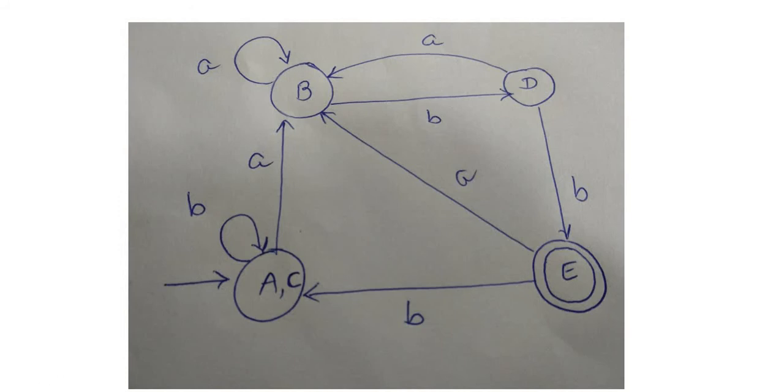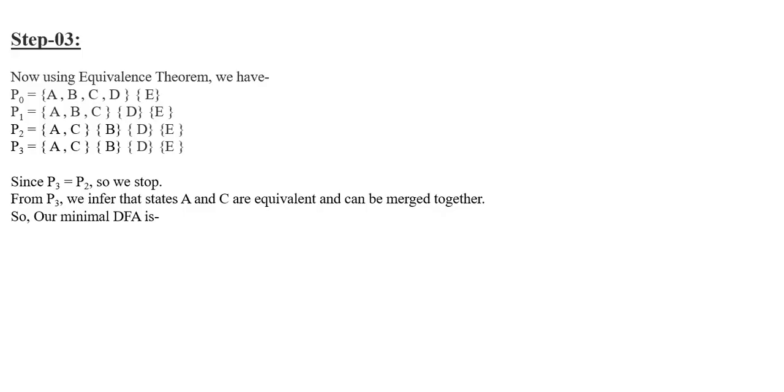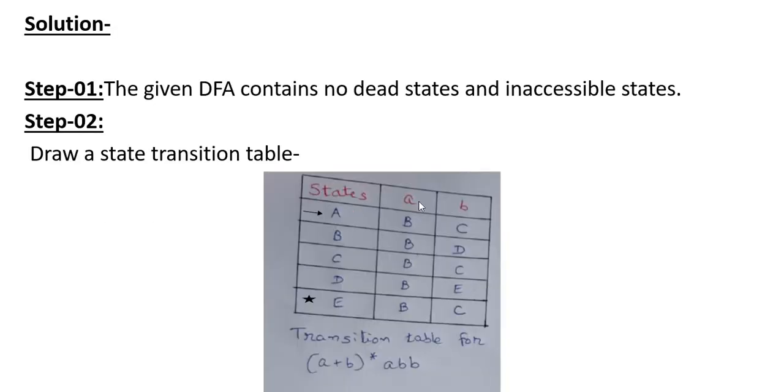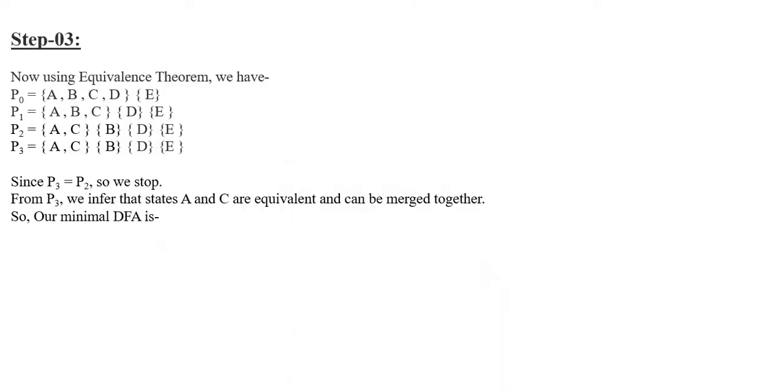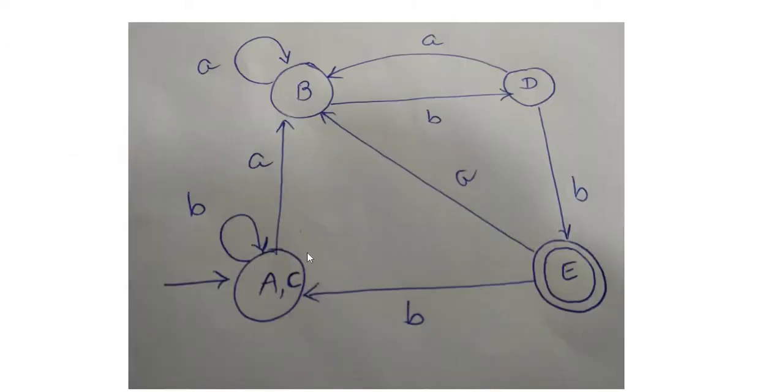For A on input A you reach B, and on input B you reach C. So in this diagram, A on A reaches B, A on B reaches C. These both are same, so this one is a self loop.